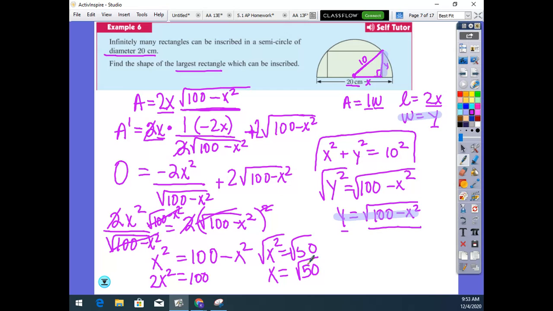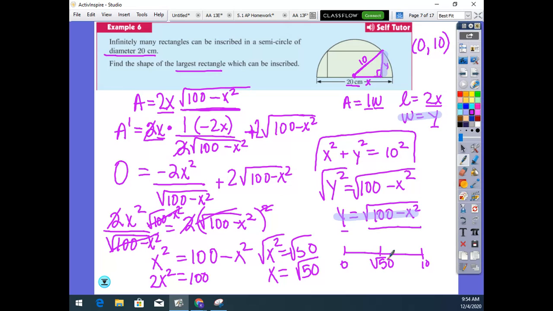All right, so let's think about our domain now, so we can use our domain to help us with the sign chart. In a real world problem, x always has to be greater than 0. What does x have to be less than? If the diameter is 20, it has to be less than 10. So on my sign chart, I'm going to go from 0 to 10 and put the square root of 50 in between them.